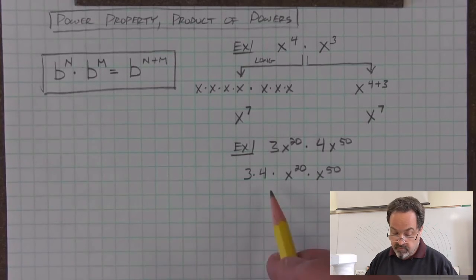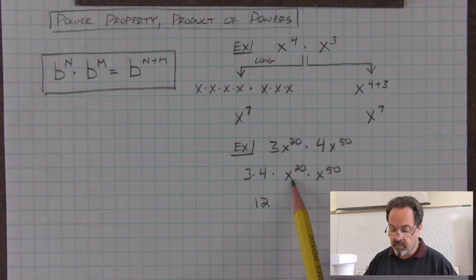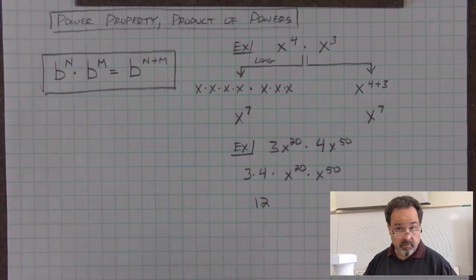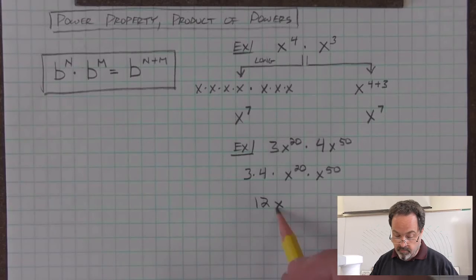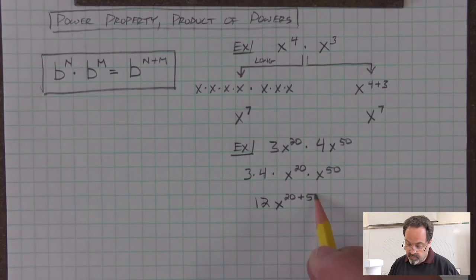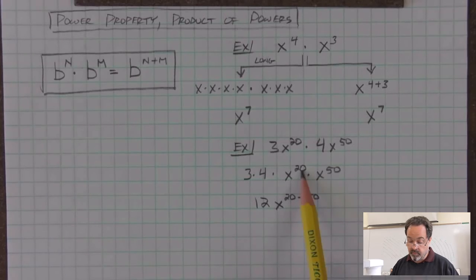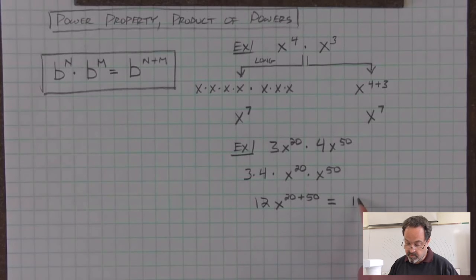The 3 and the 4 still make 12. But how do I simplify these two powers with the same base x that are multiplying each other? Well, I can express it as 1 power to the exponent as the sum of the two exponents 20 and 50. And in a final simplified step, this will be 12x to the 70th.